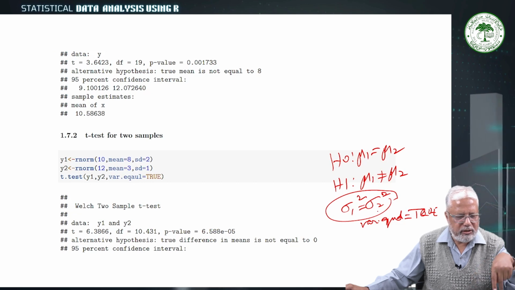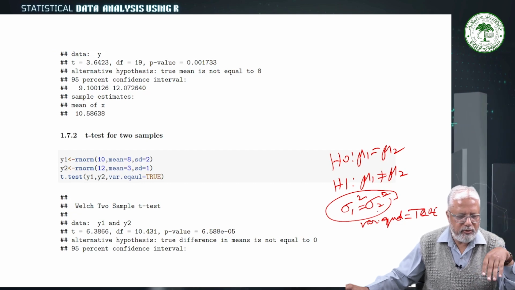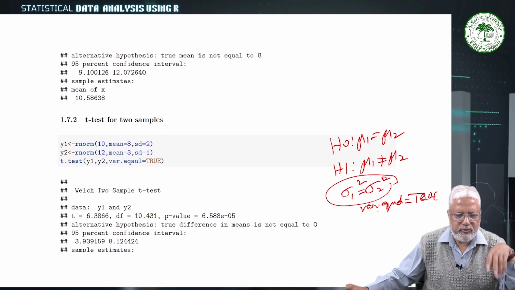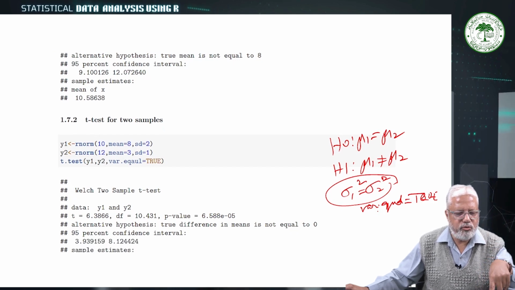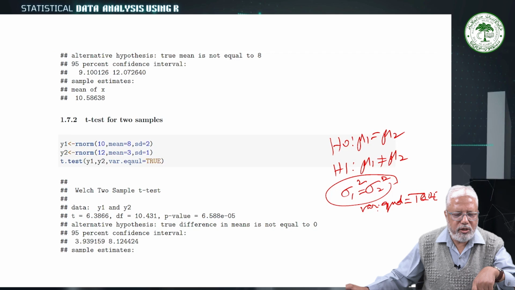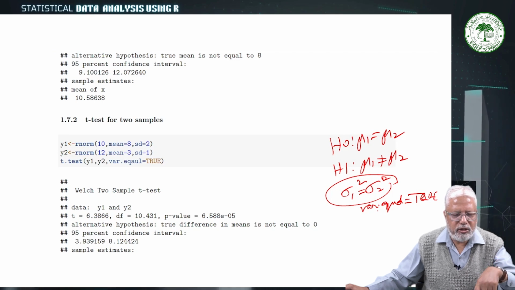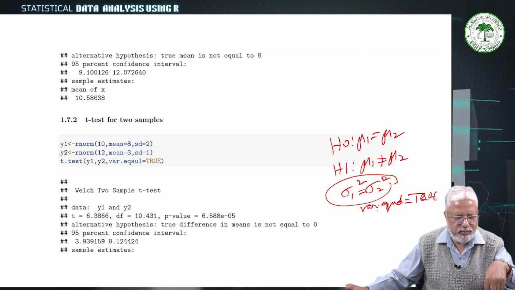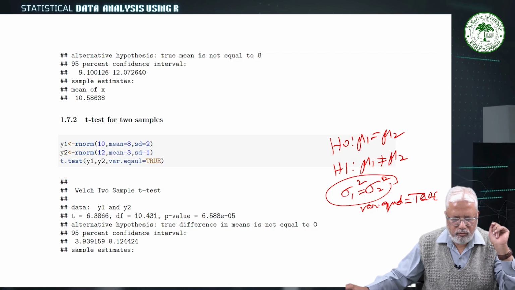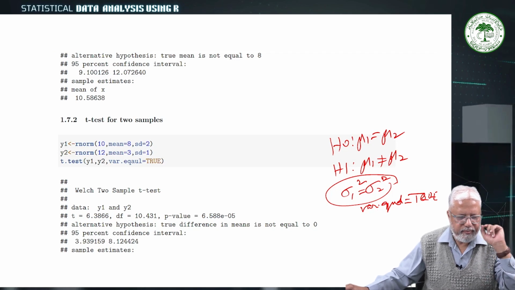If it is not, then it will be the Welch test. So actually here var.equal equal to true has been written, but it is giving var.equal equal to false, and that's why this result is coming. See, we can verify these results.